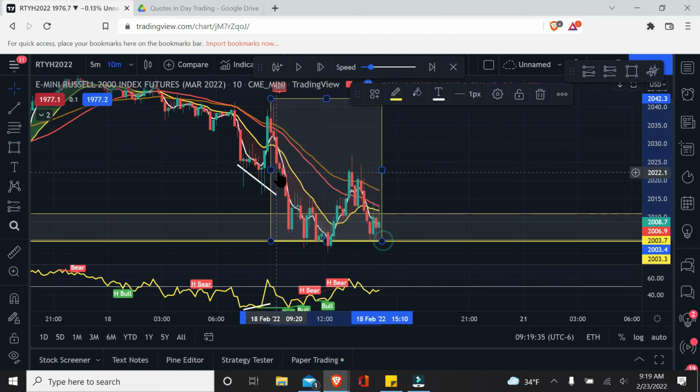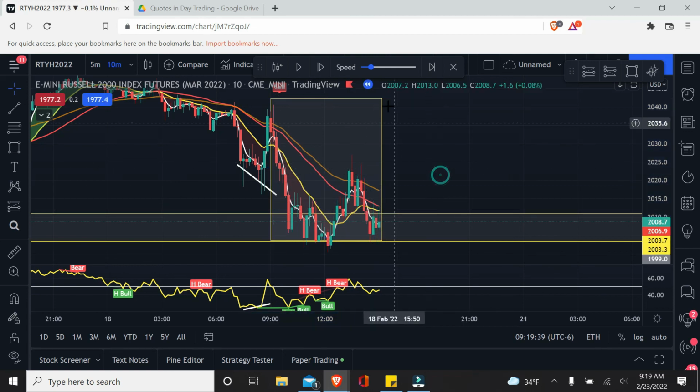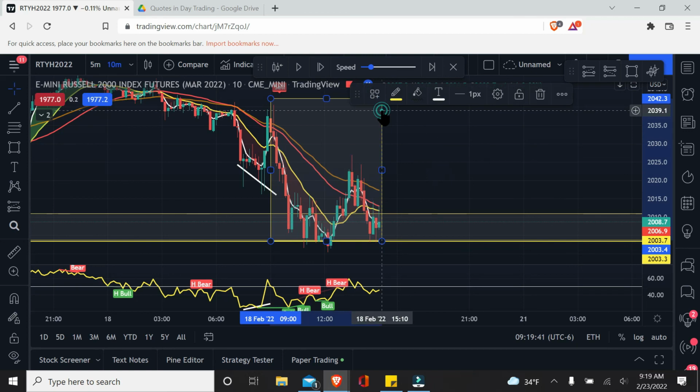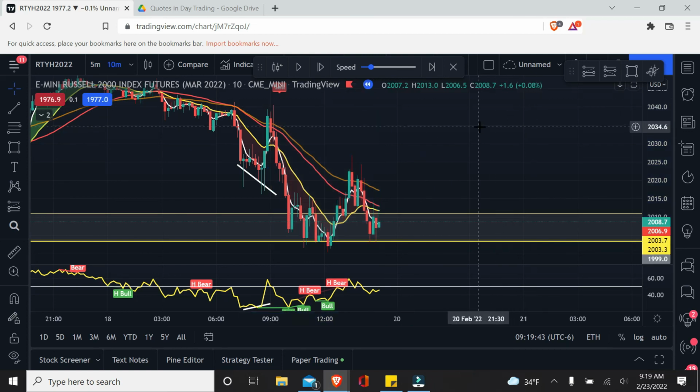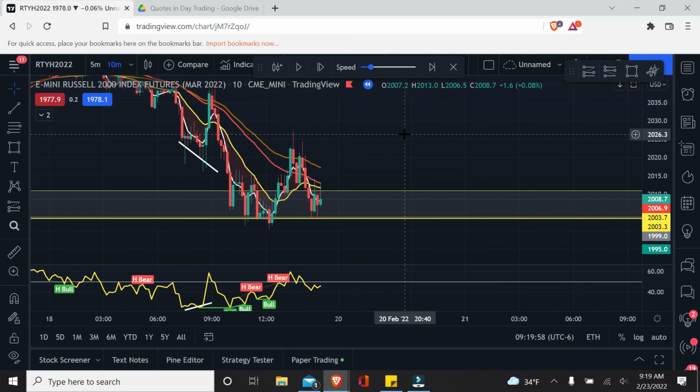We only entered 2 trades, 1 here and then 1 over here. But that was a successful day. That was over $500 profit. So keep that in mind. You may only have 1 or 2 trades a day, but doing so will keep you from entering the emotional side of things, and it will take the emotions out of it and hopefully keep you profitable.